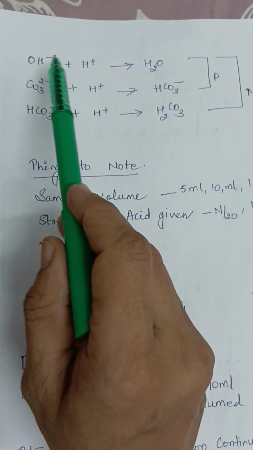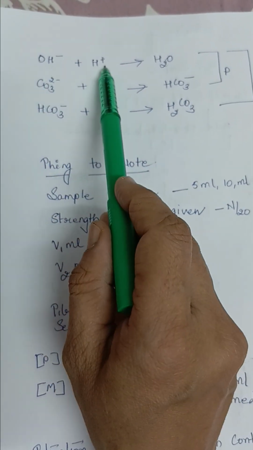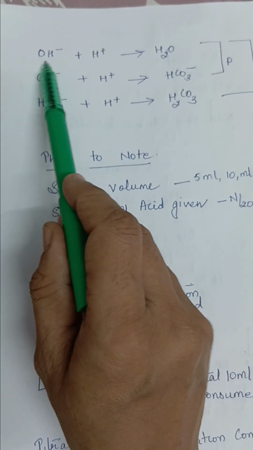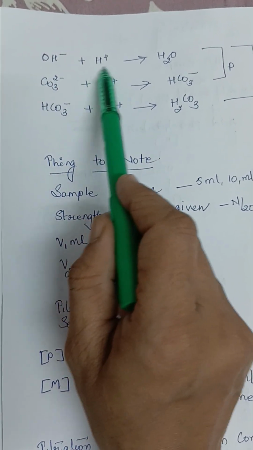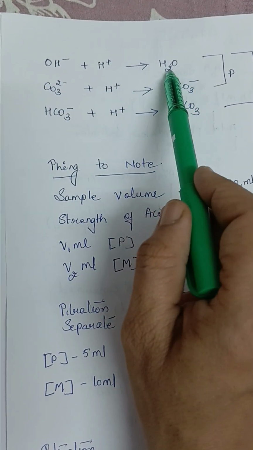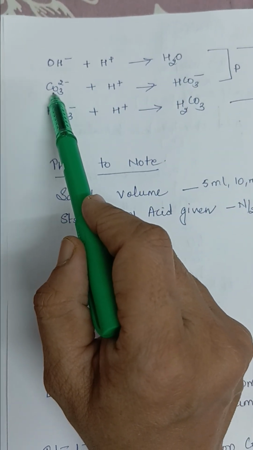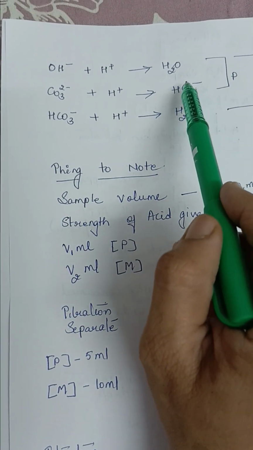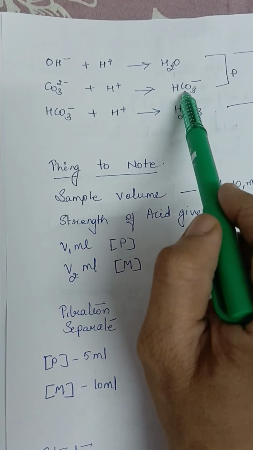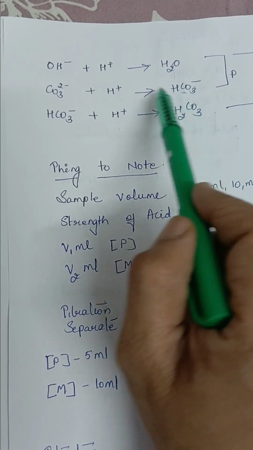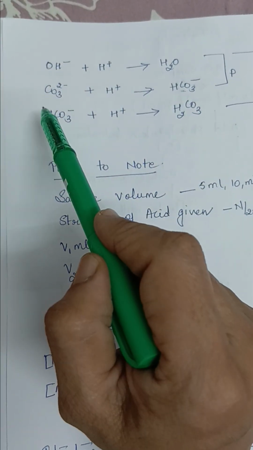Now what happens when we add acid from the burette? If the sample contains hydroxyl ions, the acid H positive ions will neutralize the OH negative ions and form water. If carbonate ion is present, it will be neutralized halfway, forming bicarbonate ion, producing an alkalinity which is due to bicarbonate ion.